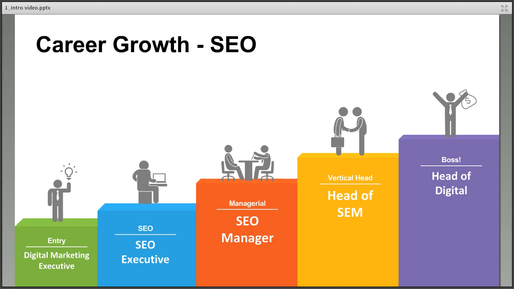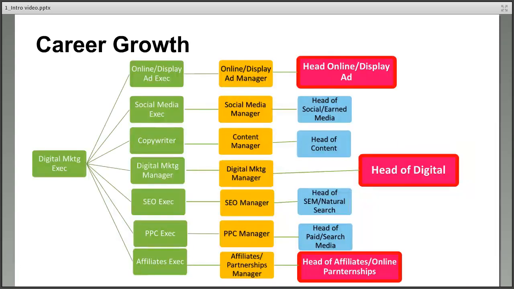Gaining expertise in SEO, you grow to become an SEO executive. Moving on, you become a managerial position holder, which is an SEO manager. Once you have greater expertise and more projects that you've done, you become the vertical head, to become the head of SEM. And at last, you become the head of digital, which handles the whole digital vertical in an organization.